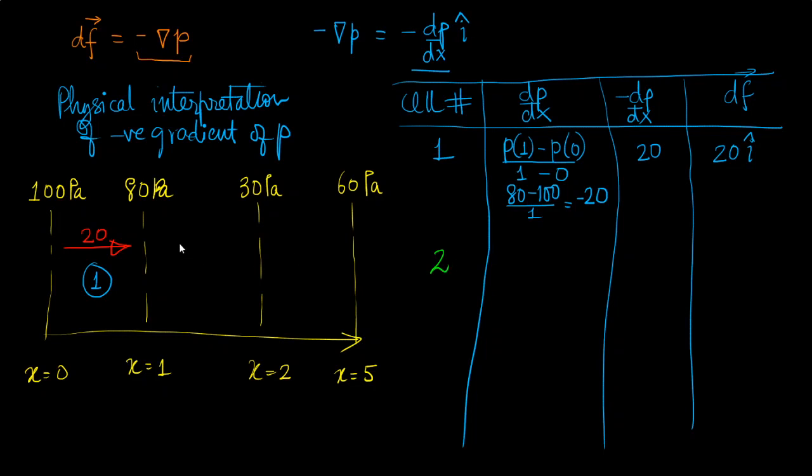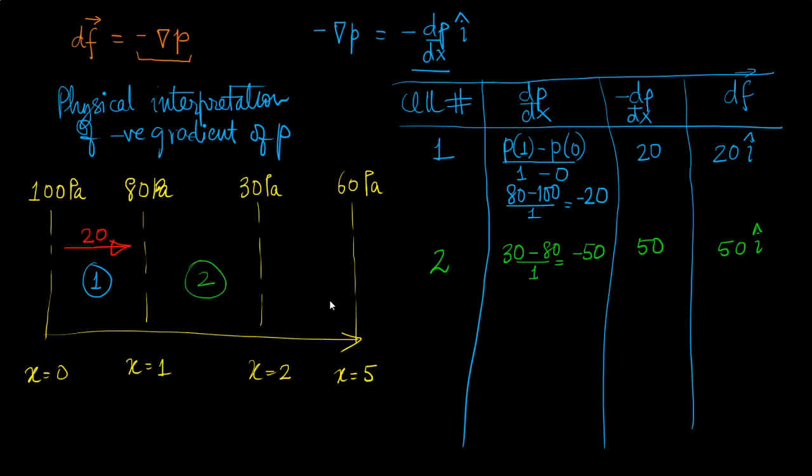So in cell number 2, it will be P at 2, which is 30, minus P at 1, which is 80, divided by 2 minus 1, which is 1. So this will be equal to minus 50. So minus dp dx will be 50 and df will be 50I. So this is cell number 2.